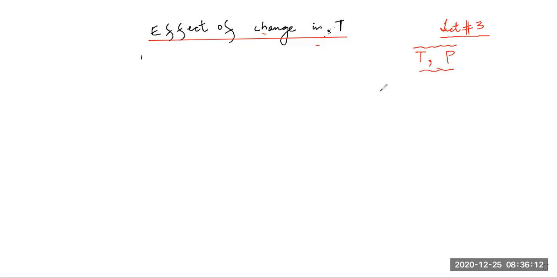Now, we have seen that if we supply temperature to matter in the solid state, it becomes liquid. From the liquid, if we further supply temperature, it becomes gas. Why? What happens internally that this change happens? Let us see.